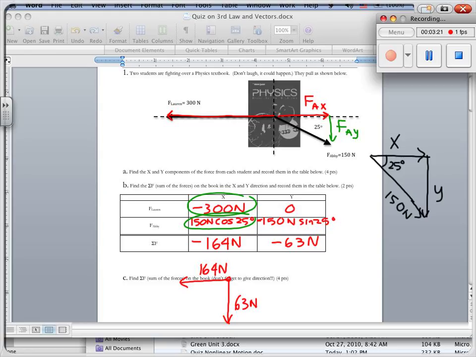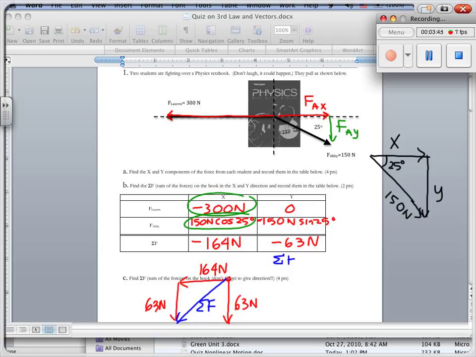Now remember that vectors need to be connected head to tail. These vectors are tail to tail. So I need to move one of them, so I'm going to move 63 newtons. I'm now connected correctly, and this is the hypotenuse that I'm looking for. This blue vector will represent the net force.